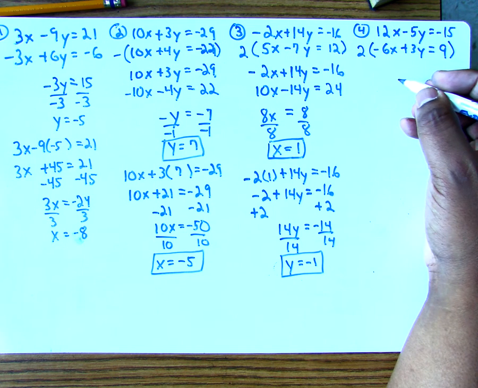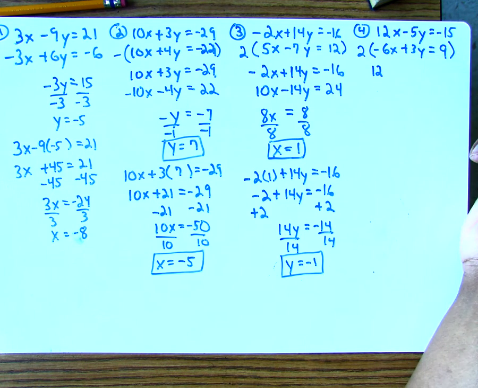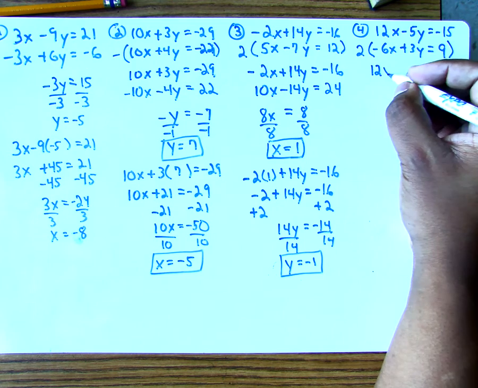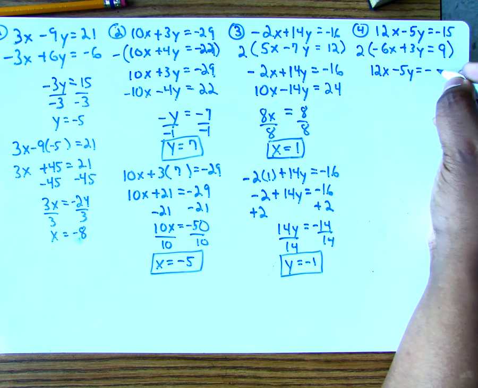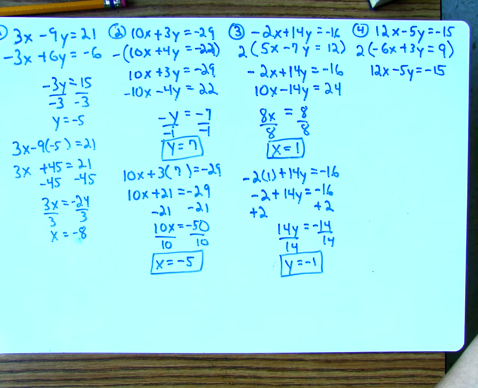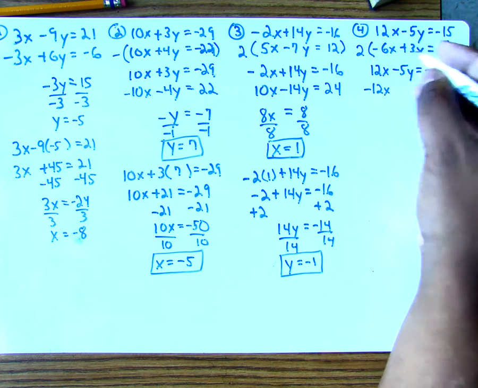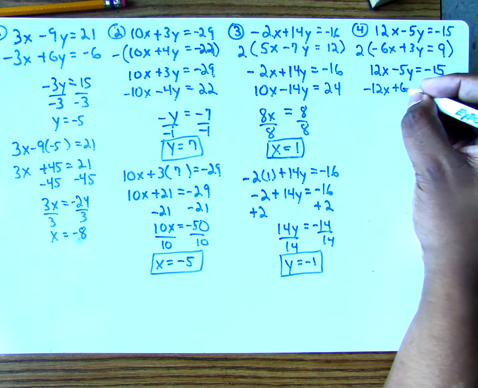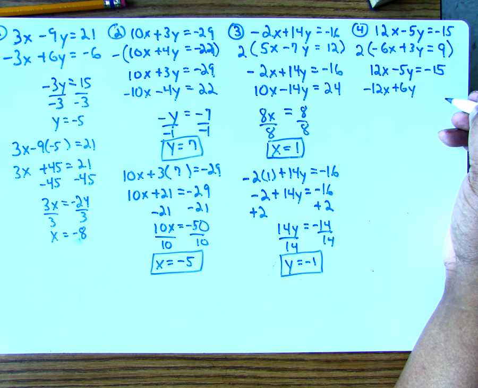So I'm going to rewrite my next term, which is 12x, on my first equation, minus 5y is equal to negative 15. 2 times negative 6x is negative 12x. 2 times 3 is 6y, and 2 times 9 is going to be 18.